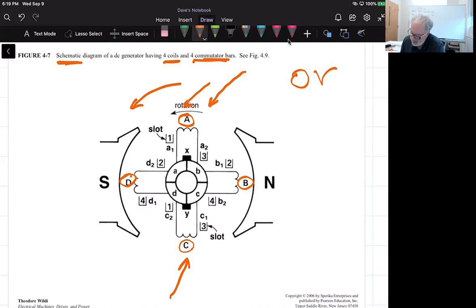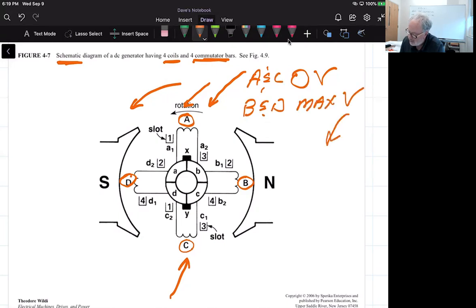So they would be producing the maximum voltage. So A and C, 0. B and D, we don't know what the value is, but it would be maximum voltage.